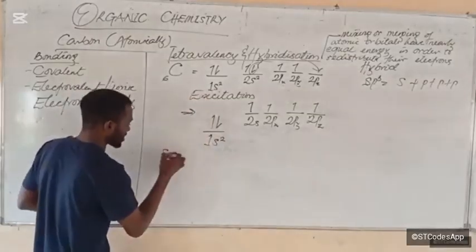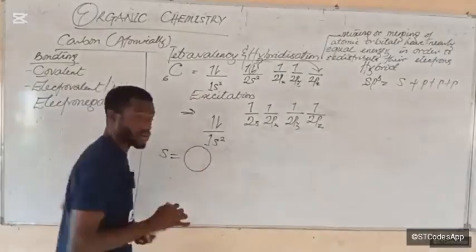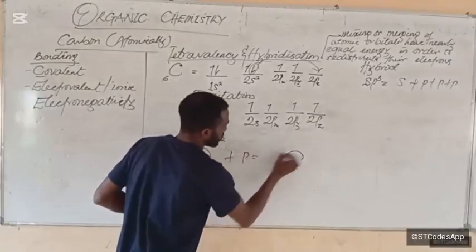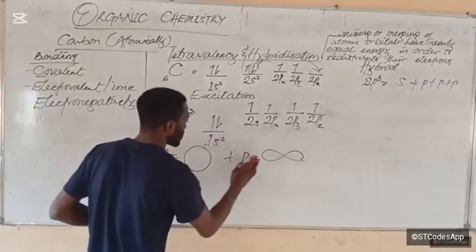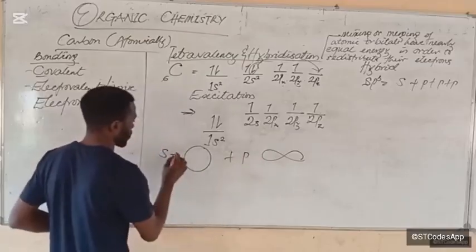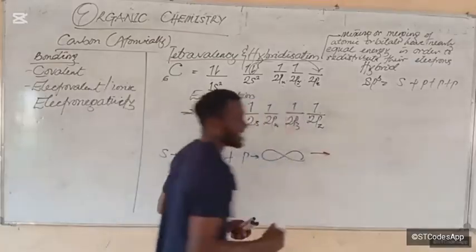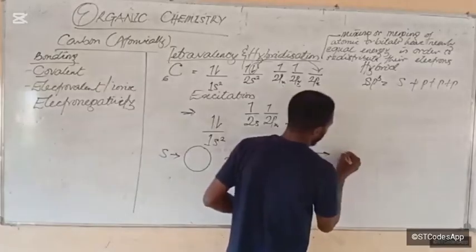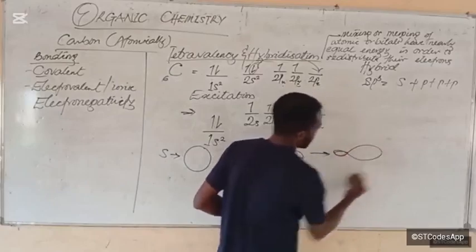So for the s character, remember that the shape of the s orbital is spherical, and the shape of the p orbital is dumbbell, right? But at the end of the day, on mixing of these orbitals, we are going to get a new orbital called a hybrid, that will have a tiny lobe and a big lobe, a small lobe and a big lobe.